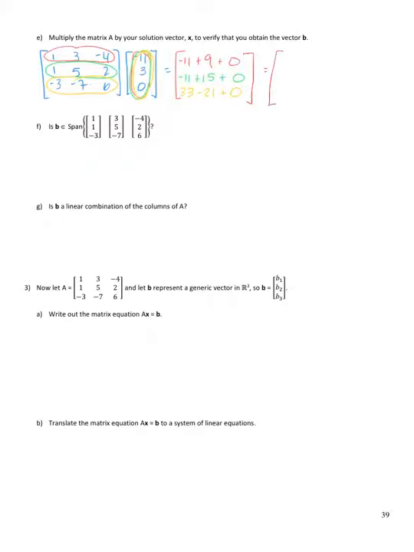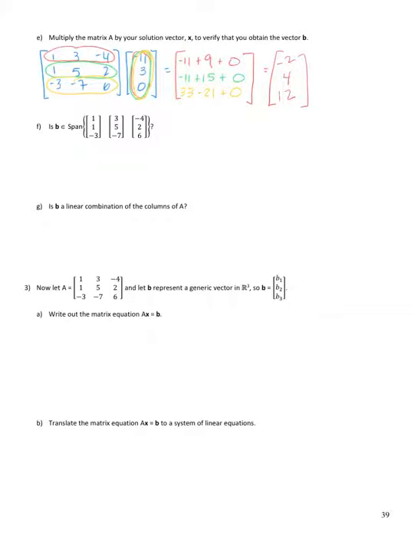And my final answer is going to be negative 2, 4, 12. Negative 33 minus 21 is 12, and then plus 0. So negative 2, 4, 12. That is the B that we were given.